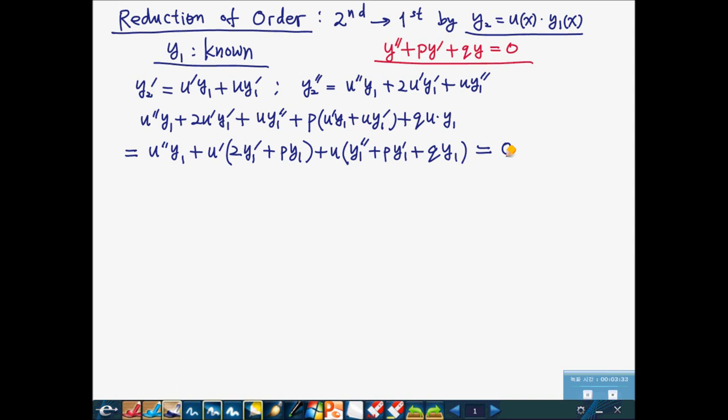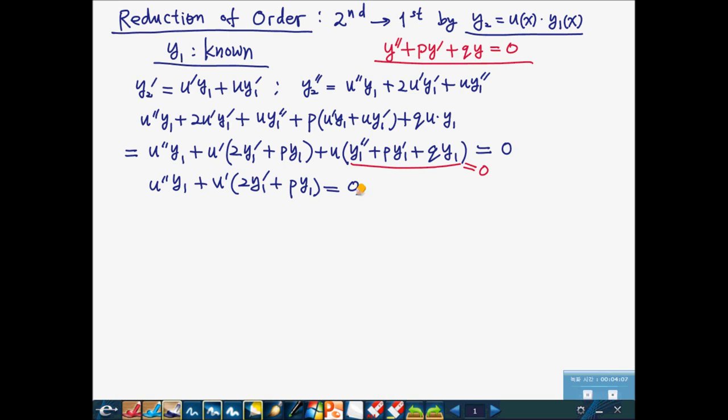If you inspect this equation, you immediately know this one is 0. Correct? Okay? Then, since those are 0, you have only this term, u double prime y1 plus u prime times 2y1 prime plus p y1 is 0.